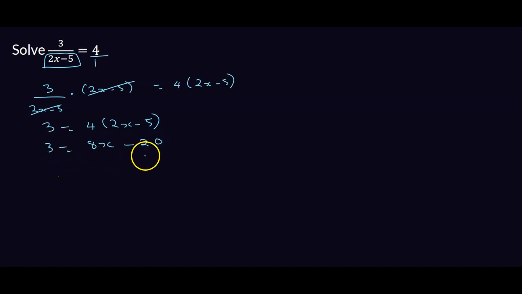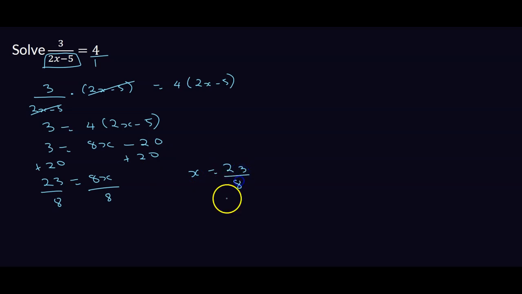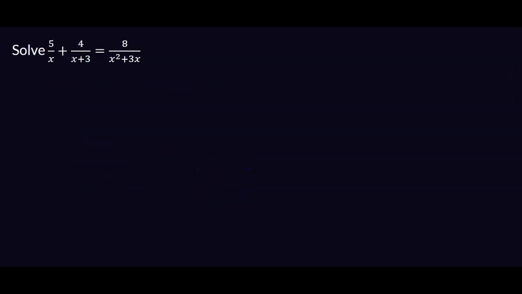And then we are going to add 20 to both sides. And so we have 23 equal to 8x. We divide both sides by 8. And then we should have x equal to 23 over 8.